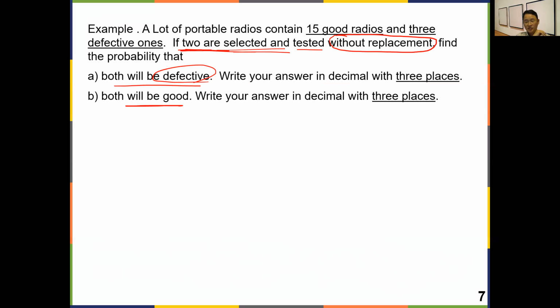If it's multiplication, then we need to consider whether this is dependent or independent. But the keyword says without replacement, so that must be the dependent case, right? Dependent case. Okay, so we want both to be defective, bad and bad, right?